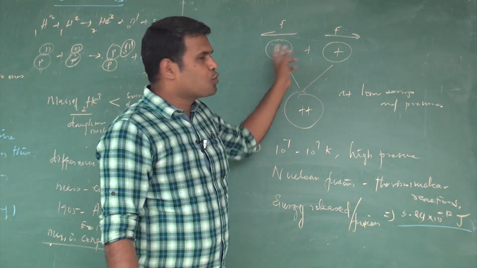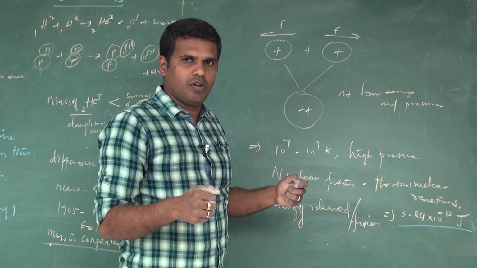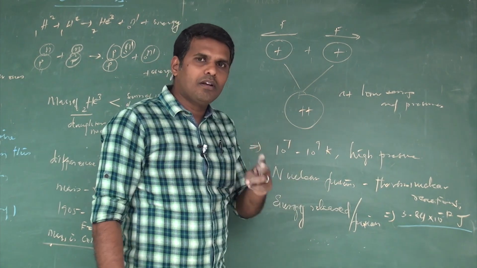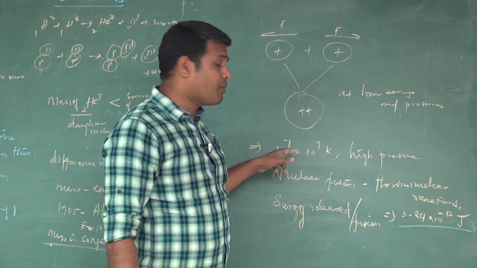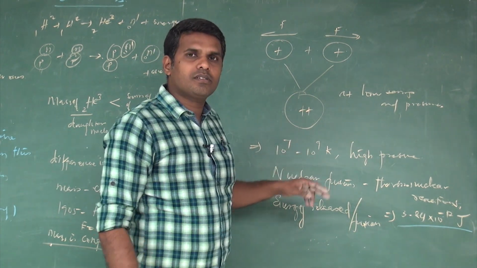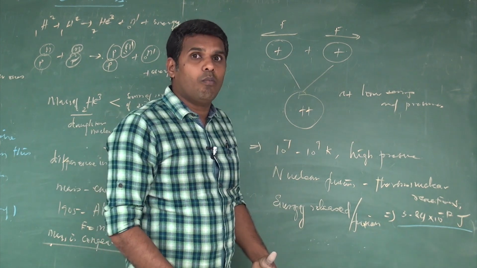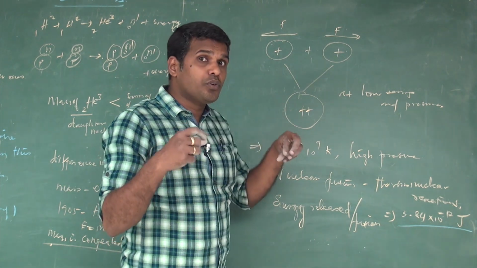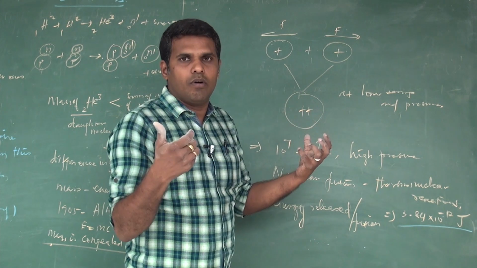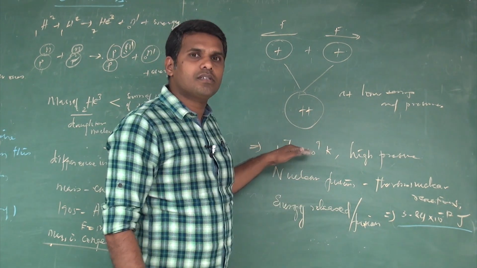If these two positive charges have to be combined, the external temperature must be high. This much high temperature, 10 power 7 Kelvin to 10 power 9 Kelvin, is available at two places: one at the site of the explosion of an atom bomb, so in order to fuse two nuclei you must explode an atom bomb, or otherwise you have to go to the sun, where this much temperature is available.